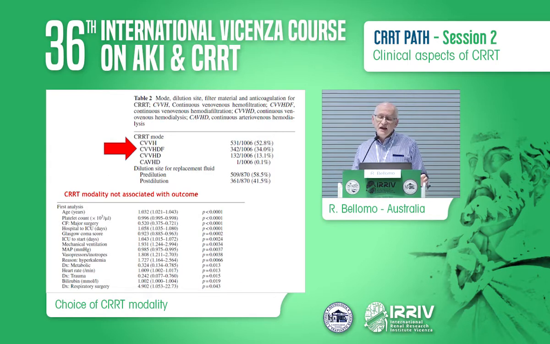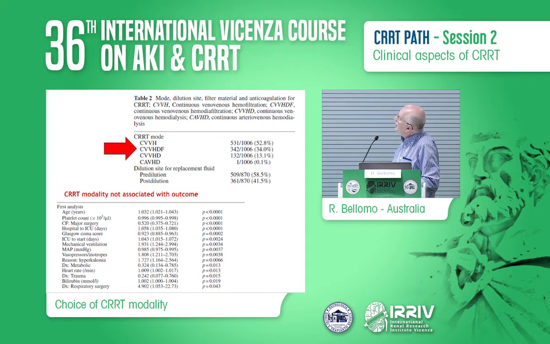And you can see there is a distribution, at least at that time, which is now about 10 years ago, in favor of CVVH. So participating centers at that time were doing convective therapy in preference, mixed therapy was 34%, and CVVHD was less frequent. And some people couldn't afford a pump, which is interesting.